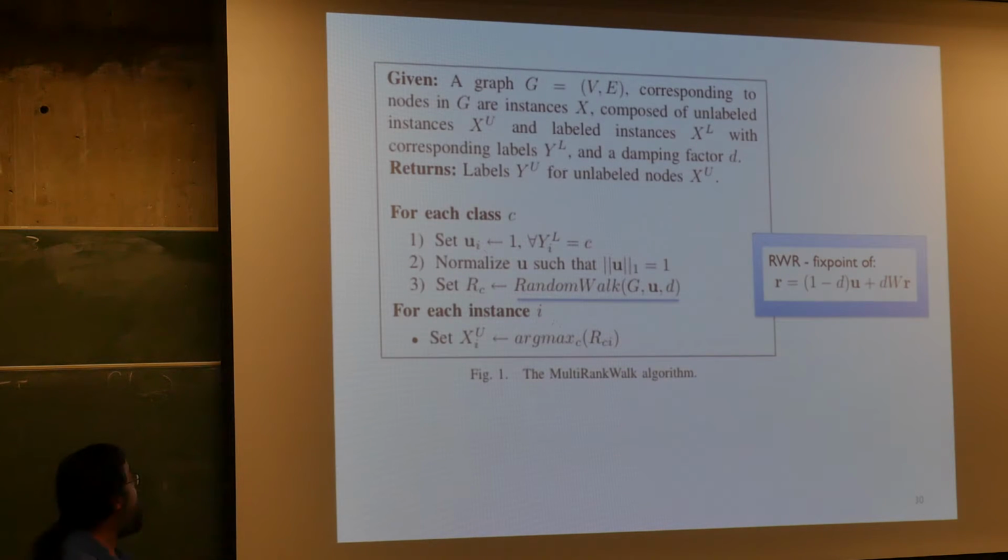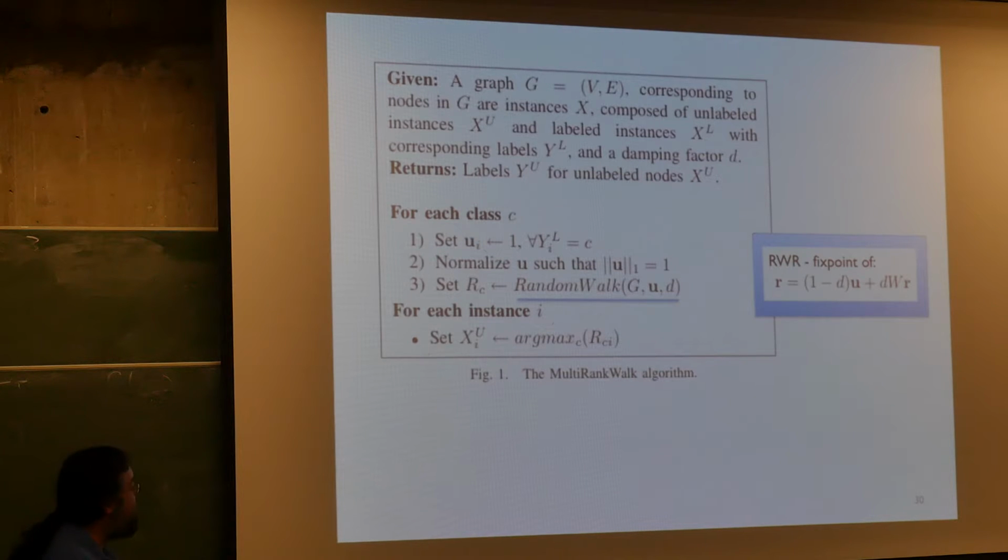So what was Frank's algorithm? A similar sort of thing. For every class, we're going to go through all the seeds, the labeled instances, all right? We're going to set up a vector for each class, which is uniform over all the positive examples of that class, okay?